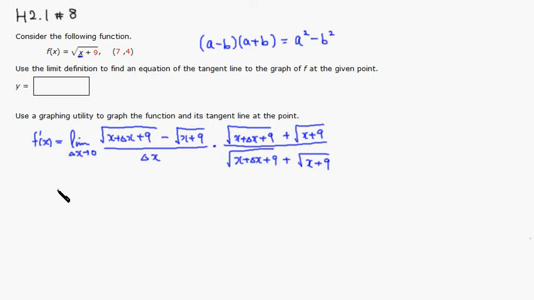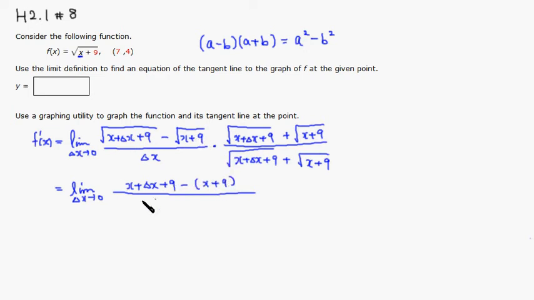Using that, we can compute the numerator. We have the limit as delta x approaches 0. In the numerator, a squared would be x plus delta x plus 9, minus b squared, which is simply x plus 9.